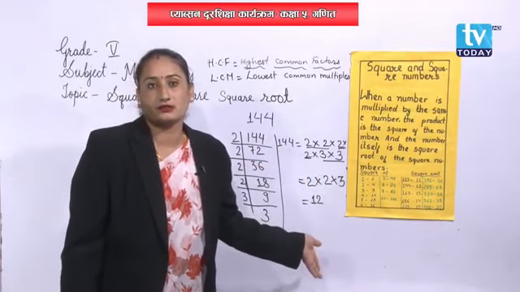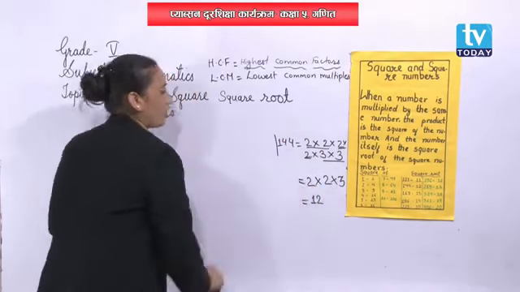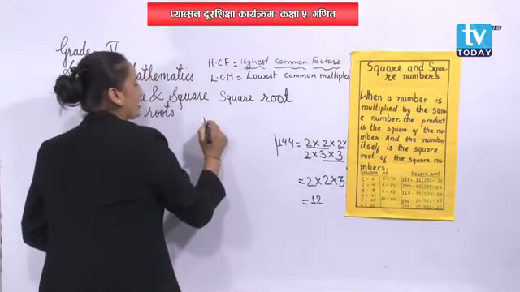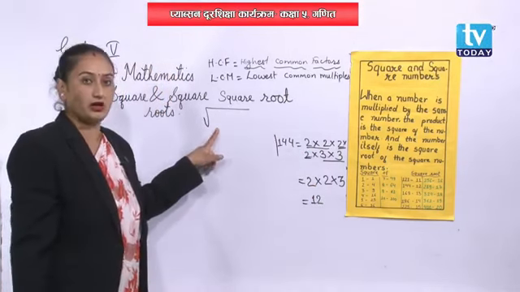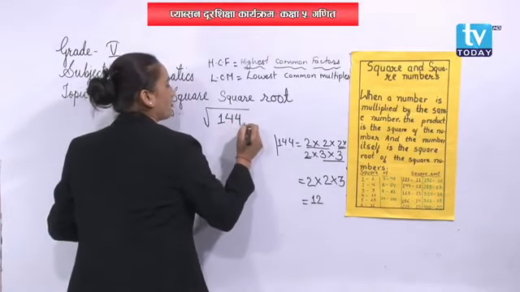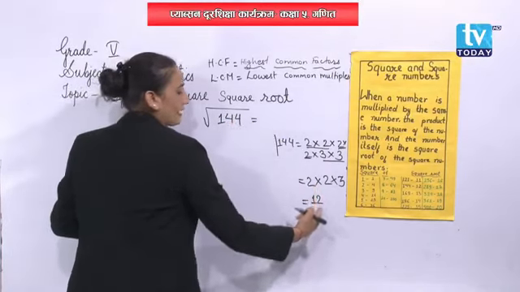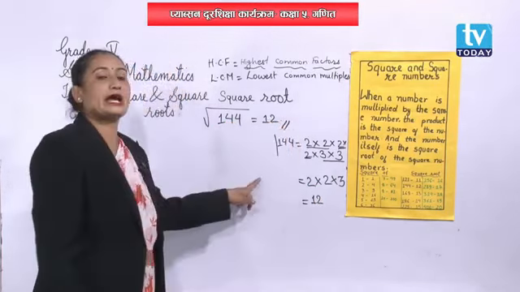Reverse. Okay. So, we can write it in the form of this symbol, which is the symbol for the square root. The square root of 144 can be written as 12. Can we write it this way?